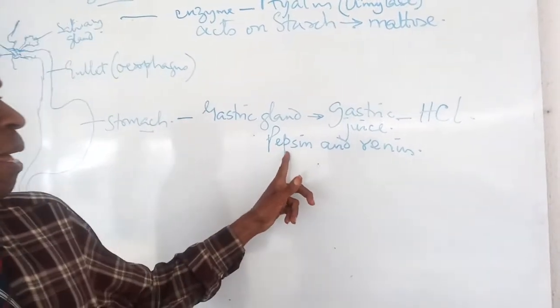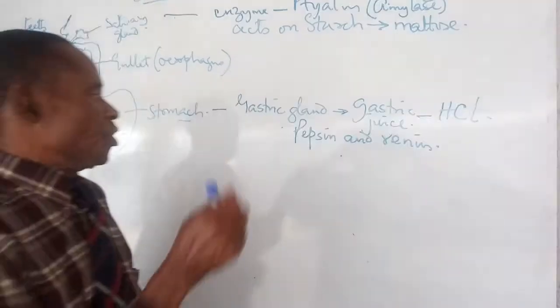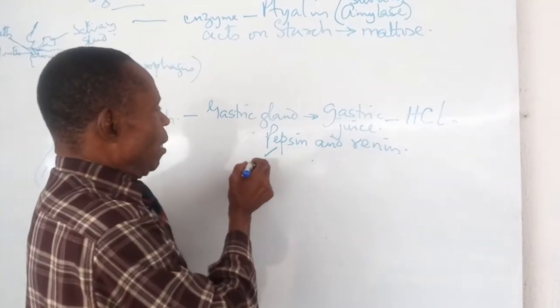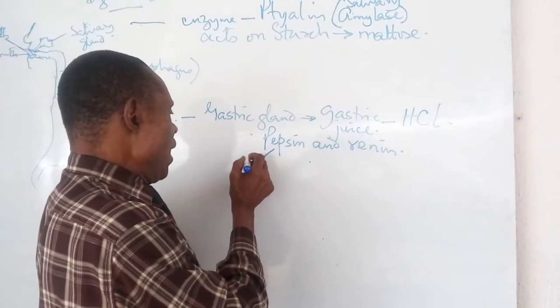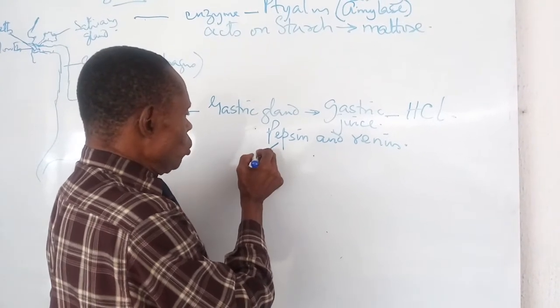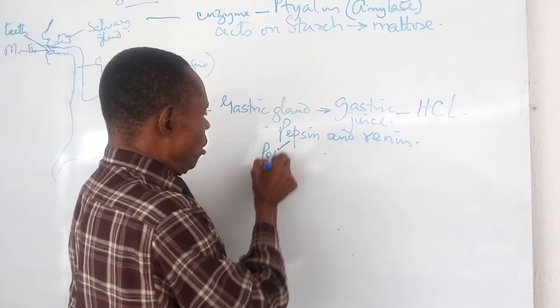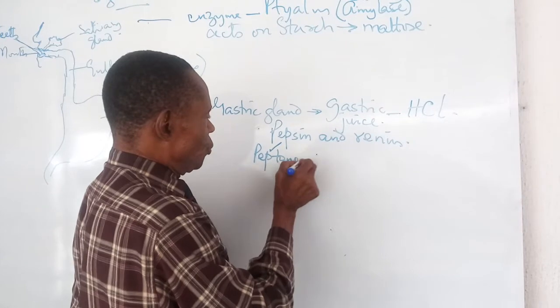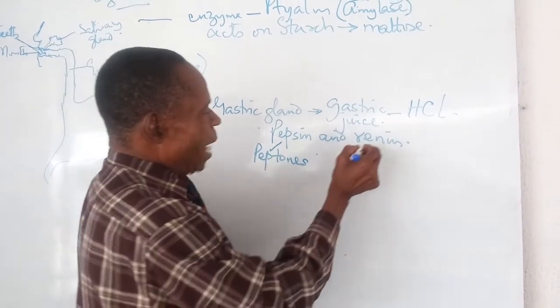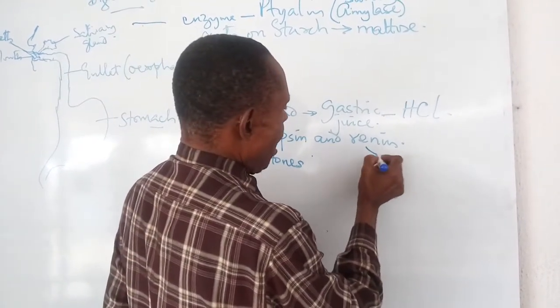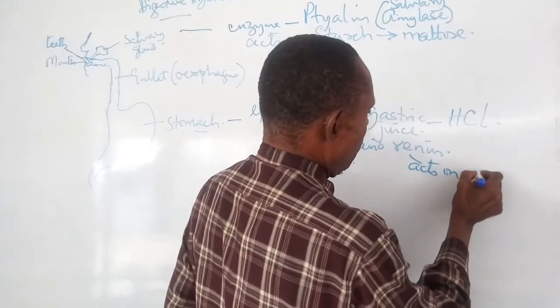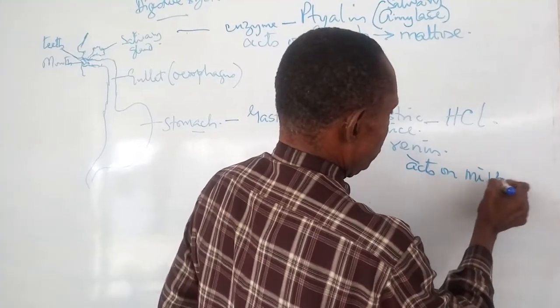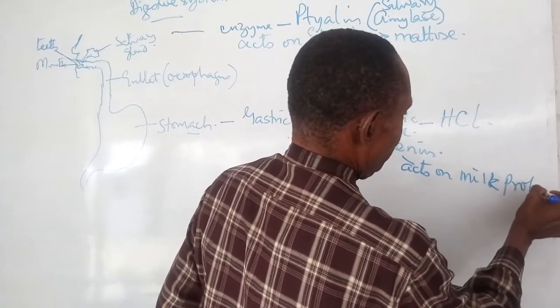Pepsin acts on proteins like meat, egg, beans, and changes them into peptones. Whilst renin acts on milk protein. It curdles milk.